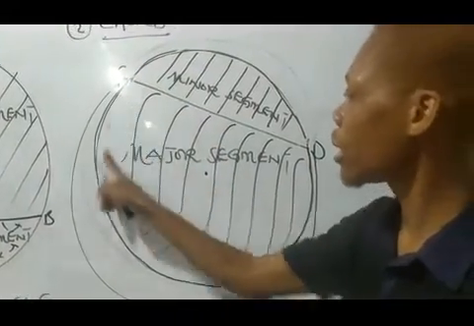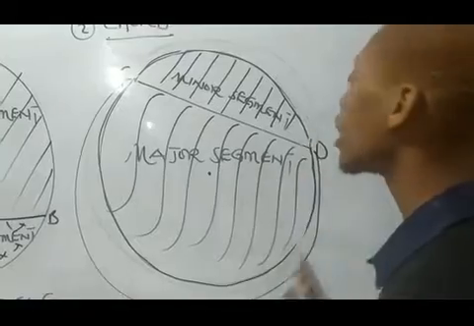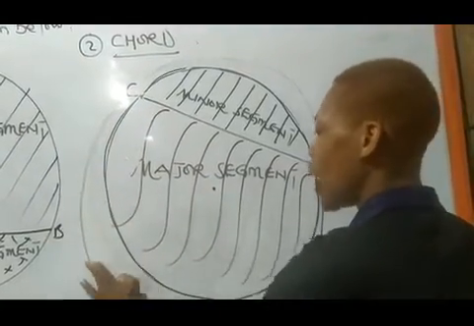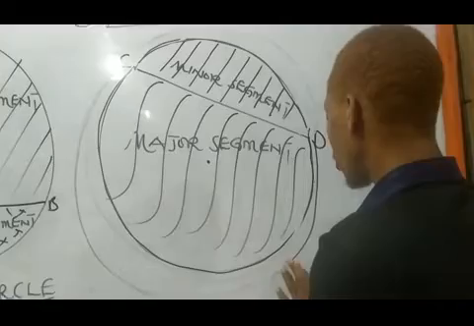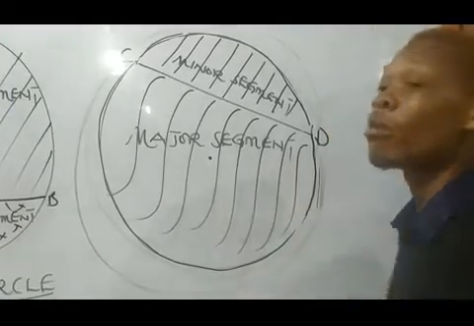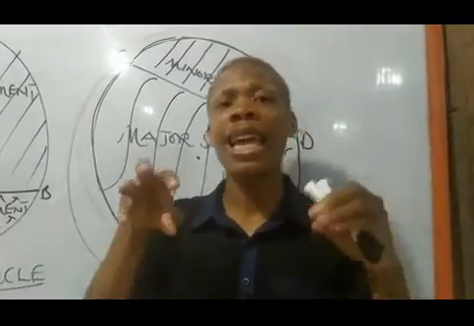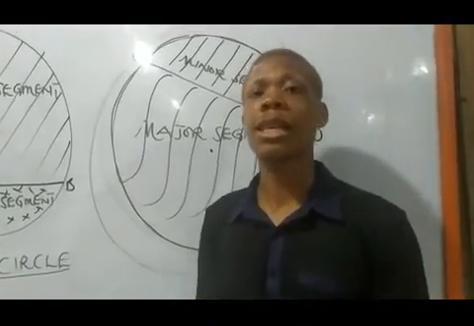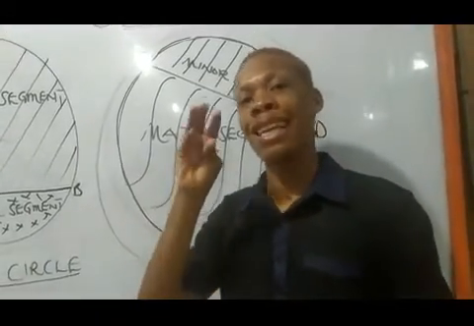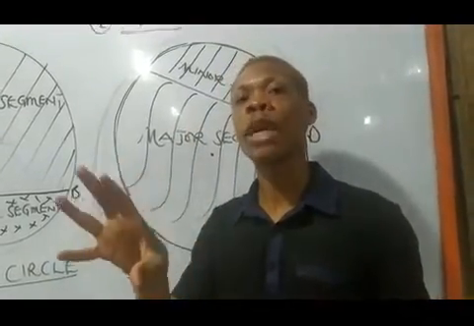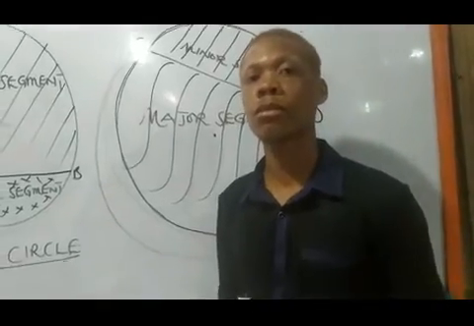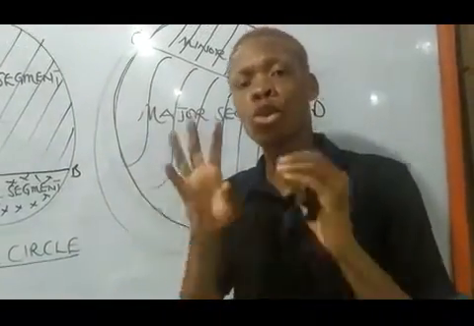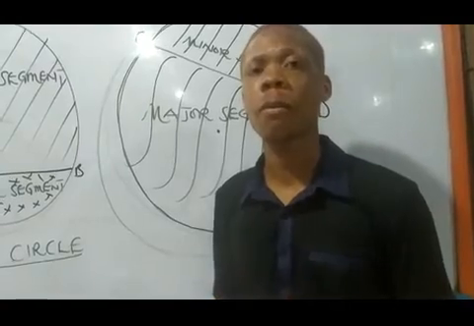And because this is bigger, we call this the major arc. So what you have to put at the back of your mind is that anytime you have a chord in a circle, it performs two main functions.